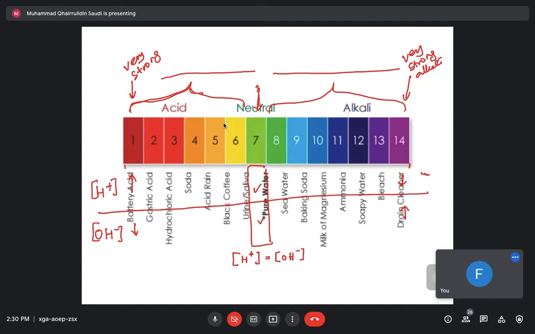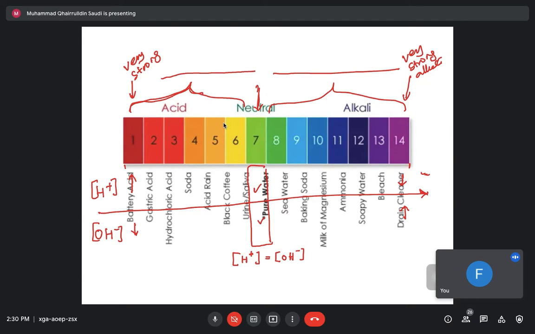So daripada this range pH value 1 until 14, kita tahu concentration of hydrogen ion from pH 1 until pH 14 is decreasing. Betul tak?